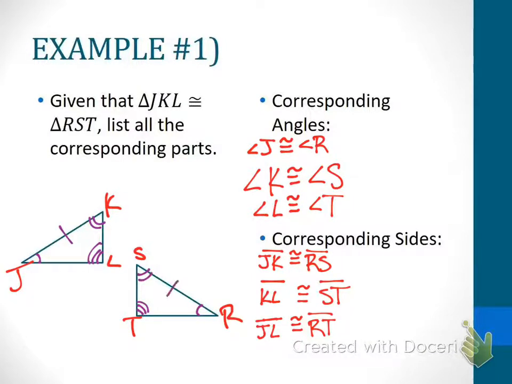JK and RS get 1. KL and ST get 2. TR and JL get 3. Okay, so sometimes you will see the diagrams marked already. Sometimes you'll be given a congruent statement like you were here. You just have to know how to use the information you were given.